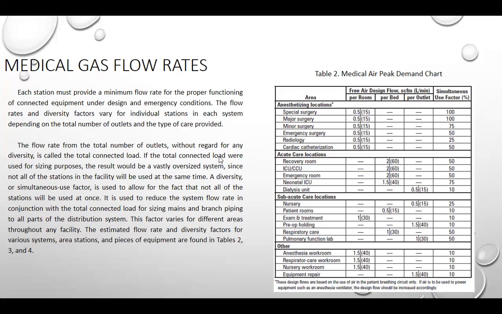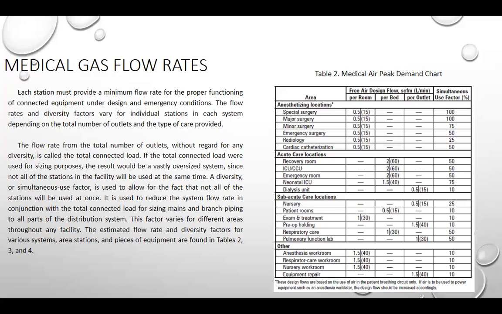Okay? The flow rate from the number of outlets without regard of any diversity is called the total connected load. Like with lights, say 10 watts each, like electricity, the total is 100. But they won't all be used at the same time in different rooms.